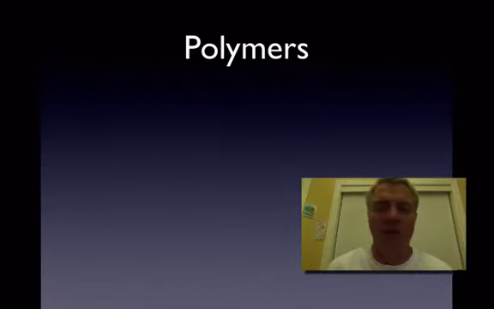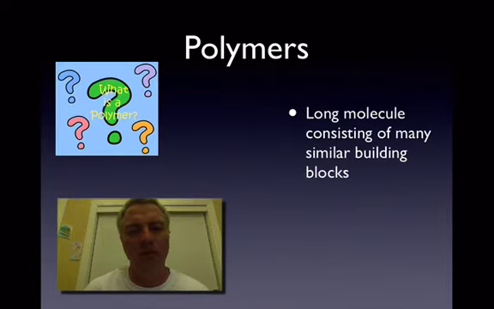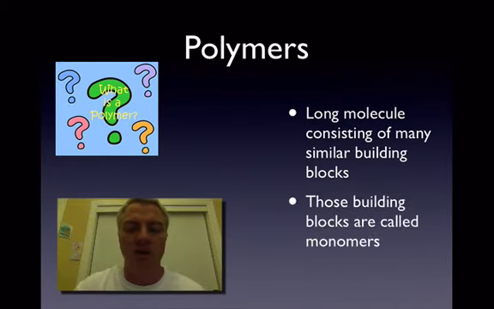All right, to start us off here, let's talk about polymers. So what is a polymer? You've probably heard of that term before. You might not know exactly what it is, but it's a general term. A polymer is just a long molecule that consists of several similar types of building blocks, and those building blocks are called monomers.